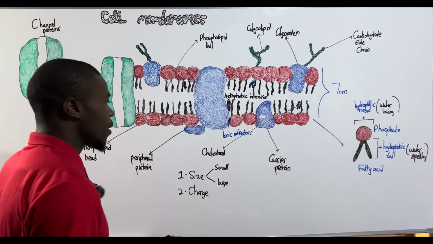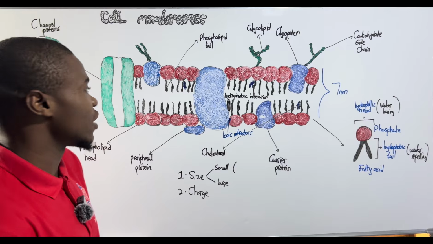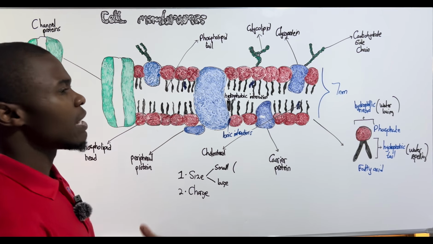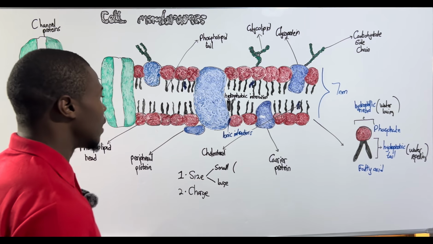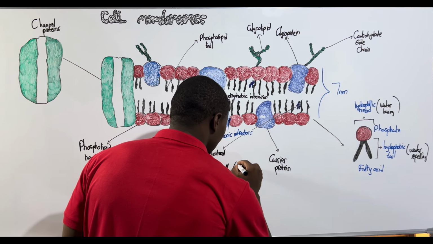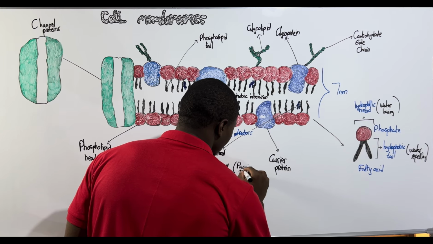Small molecules can simply pass through the cell membrane because they are small enough. They cannot be hindered. Small molecules like water molecules pass freely, by what we call passive transport.